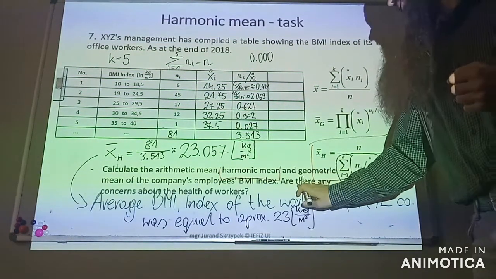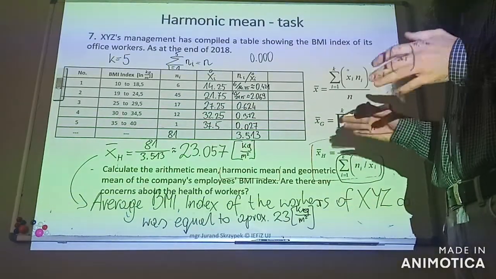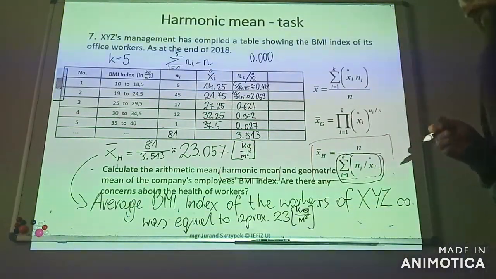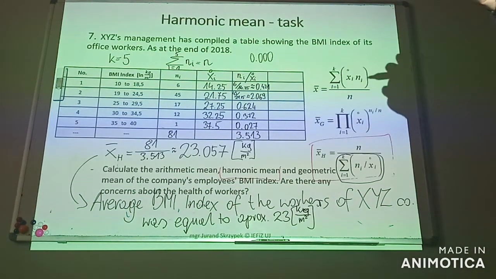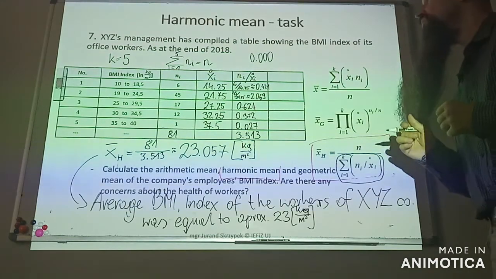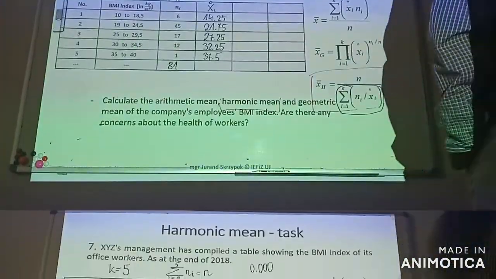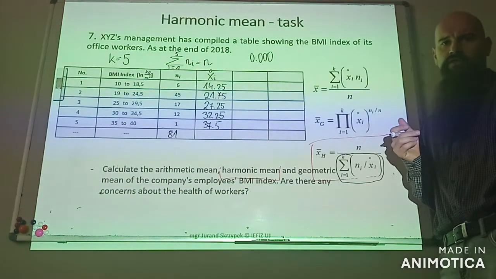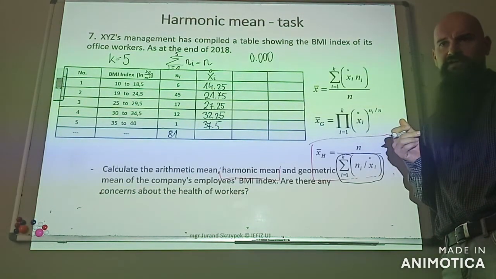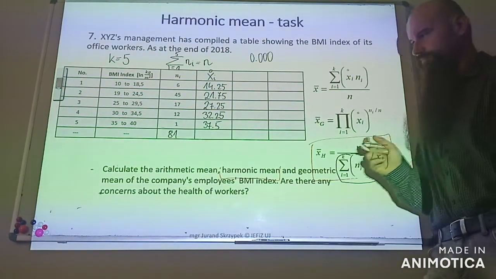So is there any concern about the health of the workers? No, everything is okay because we meet healthy standards here. Okay, let's compute other types of the mean. First goes arithmetic mean.